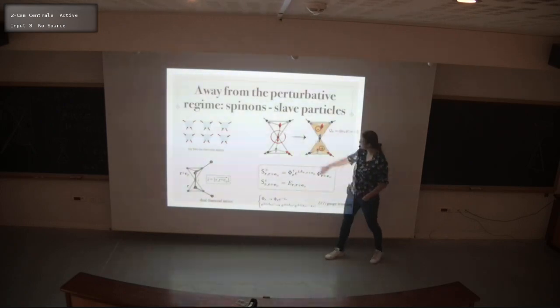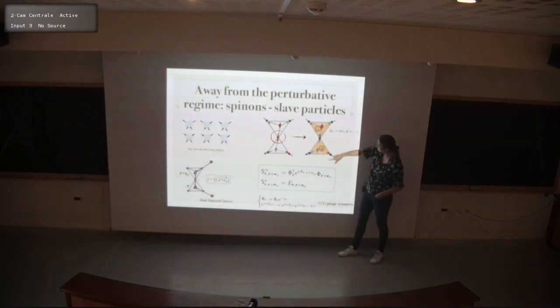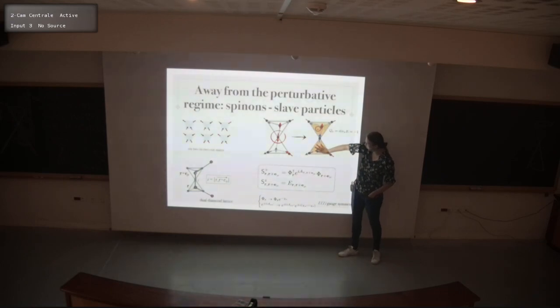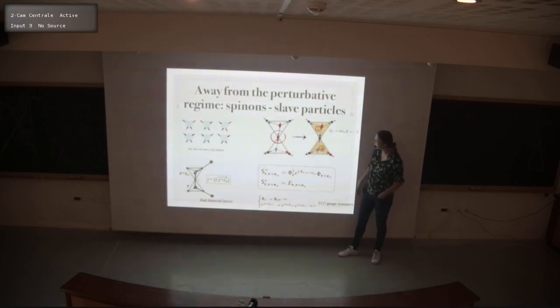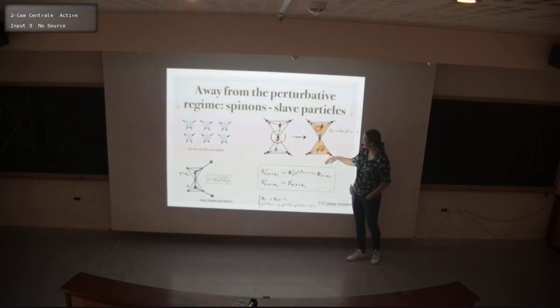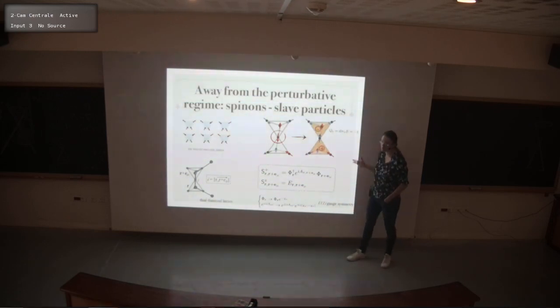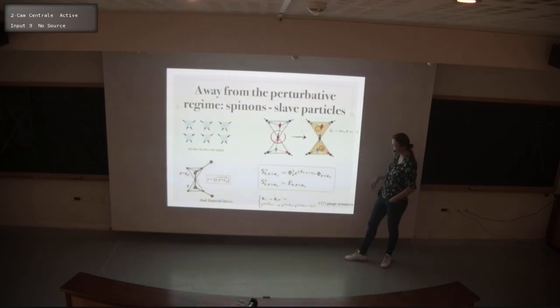If you flip this spin, what you created was a defect: three out, one in in this case, and three in, one out in this case. We'll define each of these to have what we'll call charges. So the defects we'll now call charges. And this is what I'll talk about today.